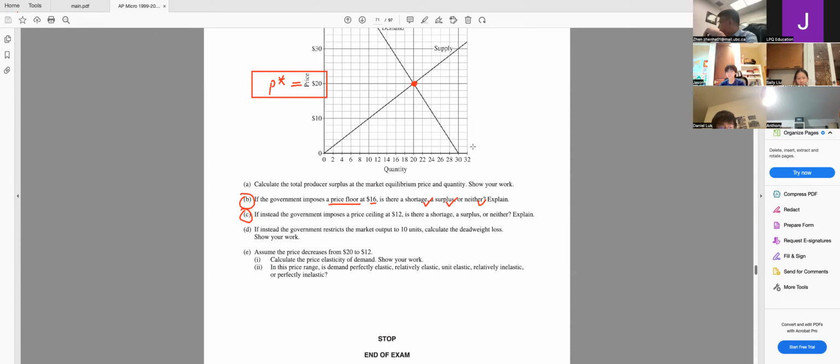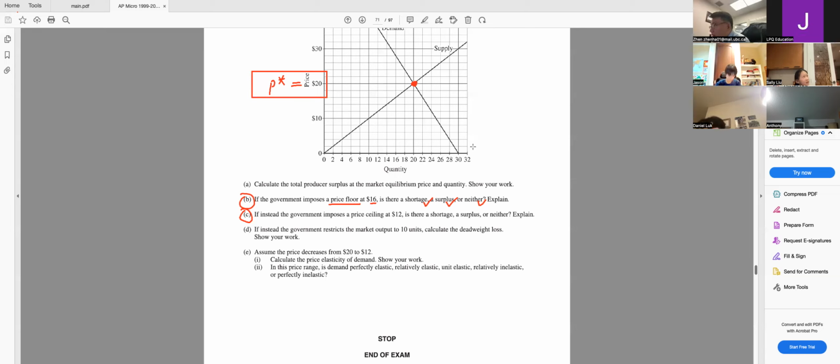Non-binding? Hmm. The price ceiling equals $12 and the initial price equals 20. Is that a binding policy or non-binding policy? What is the price ceiling?